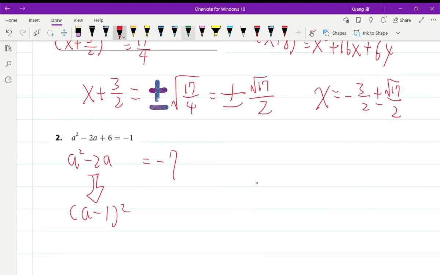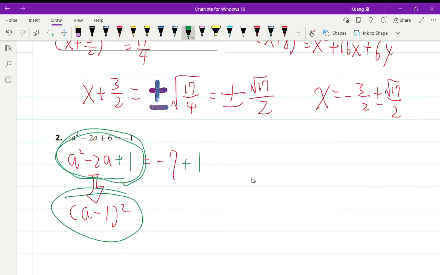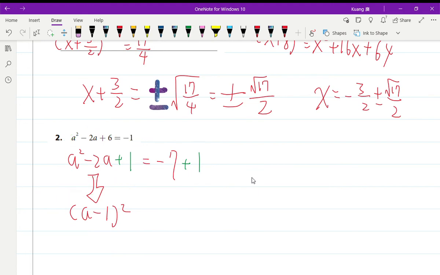And what should I add? Add the square of negative 1, which is 1. So plus 1 on both sides of the equation, to make this part become this. We call this a perfect square. So that will be negative 6. And you take the square root of both sides of the equation, it becomes a minus 1 equals positive or negative square root of negative 6.